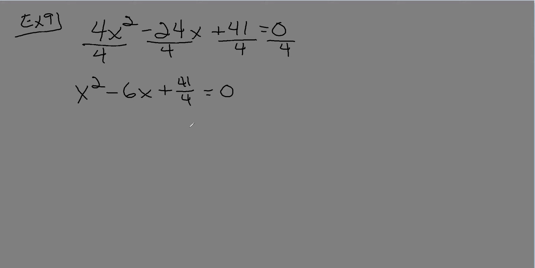I'm going to complete the square with it. So I'm going to subtract 41 over 4 from both sides. So that breaks this problem down, and it's going to look like x squared minus 6x plus something that's equal to negative 41 over 4.